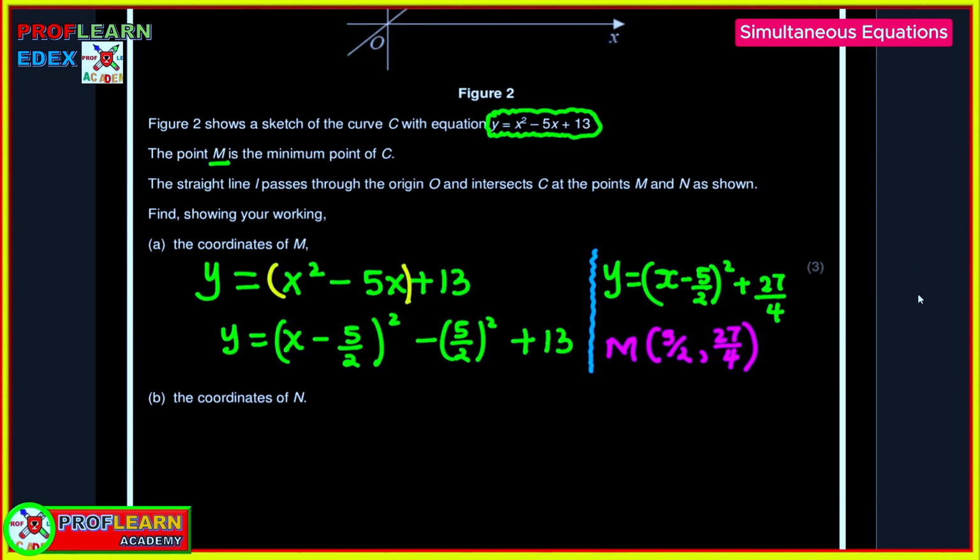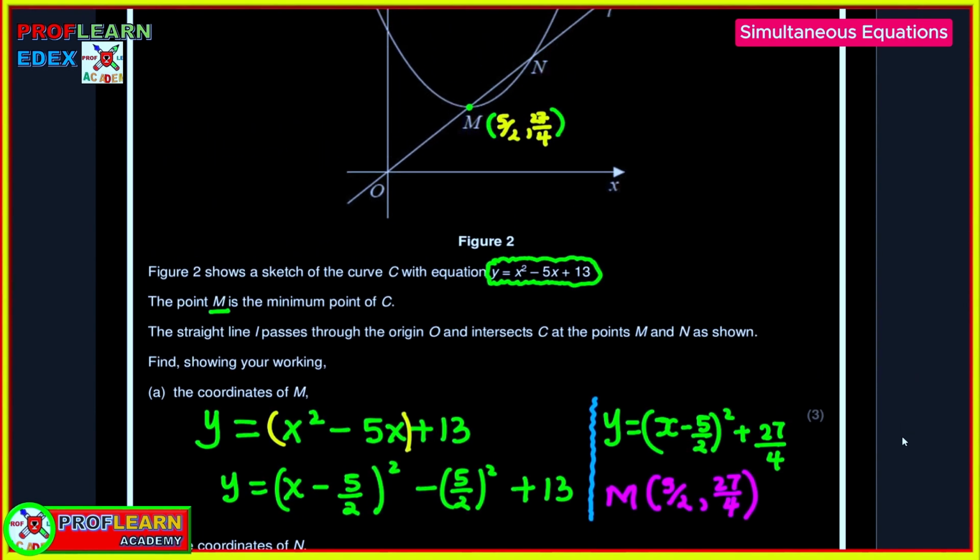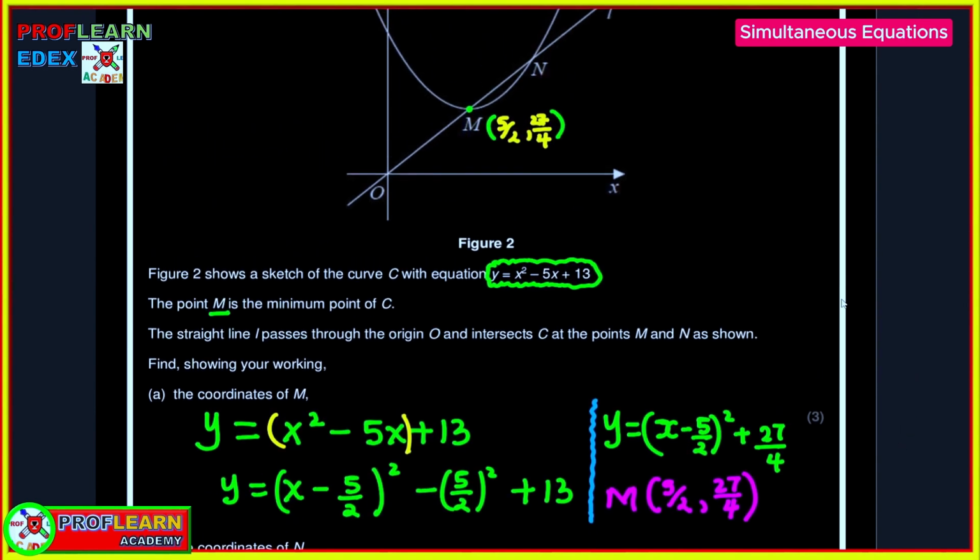We need to find the coordinate of n, and the strategy we're going to use is to find the equation of the line L, the straight line. But remember, this line passes through the origin, meaning that the y-intercept c is going to be 0. We can use the coordinate M that we have there to find the gradient of the straight line.